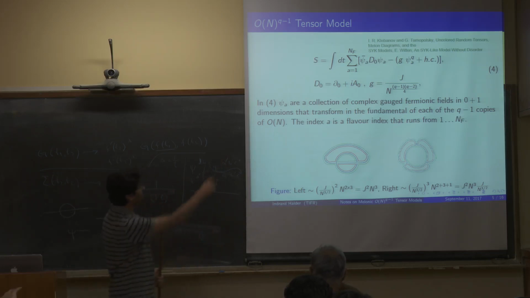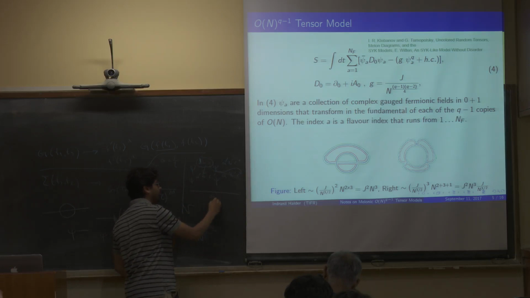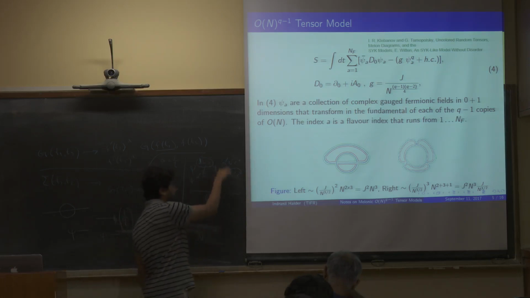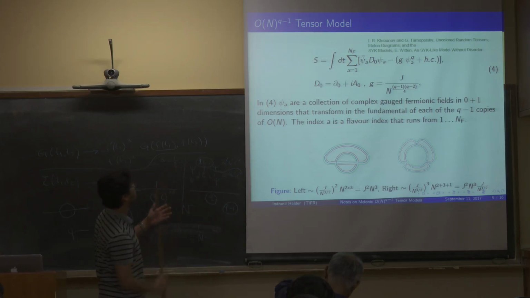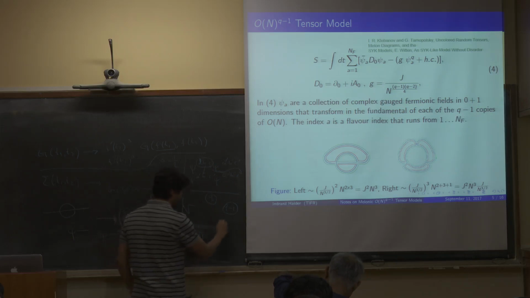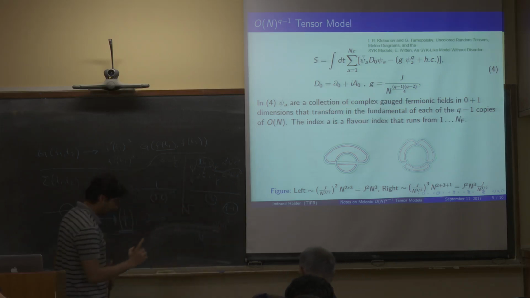And then if we are talking about q equal to 4 and we have 3 indices, in general if you have q number of fermions interacting, then to make this contraction work, you need q minus 1 gauge indices. We particularly choose this gauge group O(N), and then we are working with O(N) to the q minus 1. So each fermion is in one of the fundamentals of O(N).